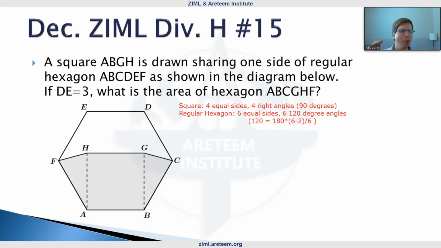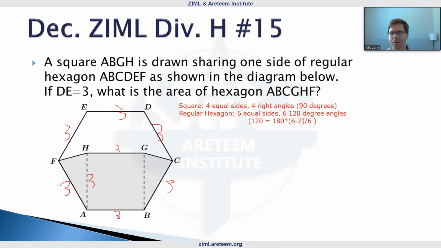Now, if we focus first on these equal sides, all the sides of the hexagon are equal. So if DE is 3, so are all the other sides of the hexagon. So we have 6 sides all equal to 3. Well, wait a second. A square has equal sides as well.